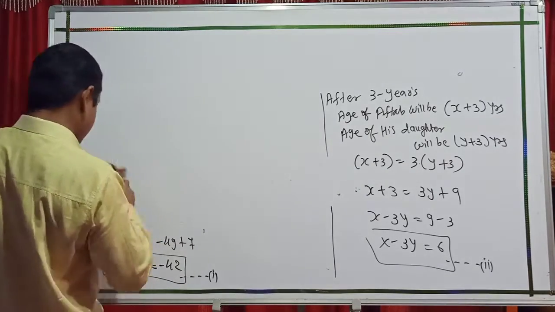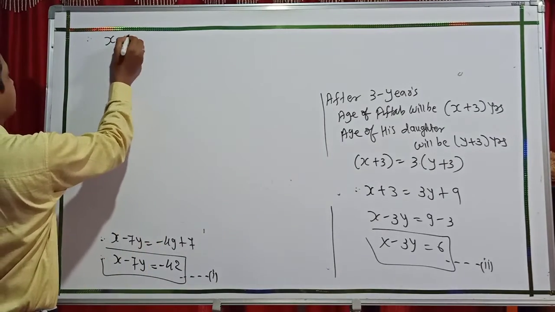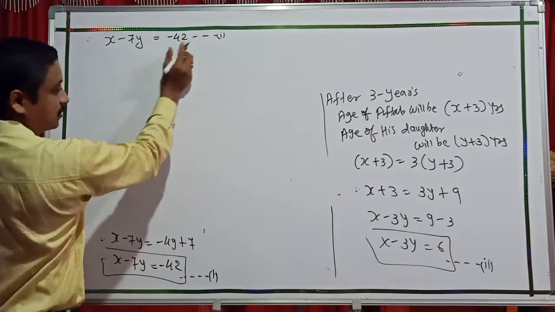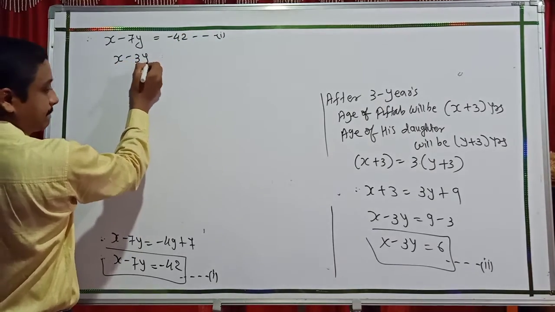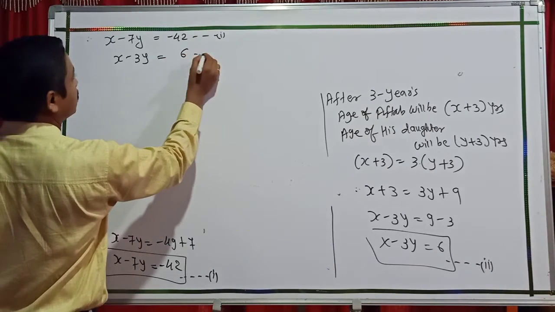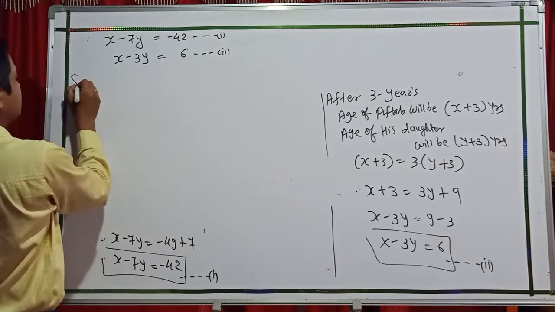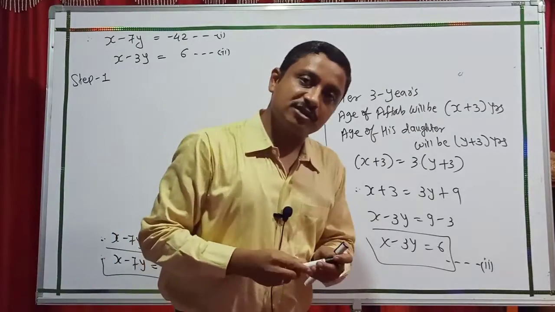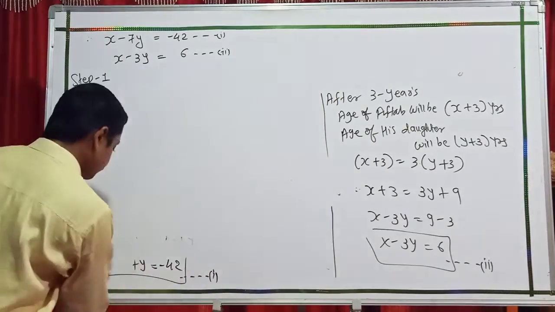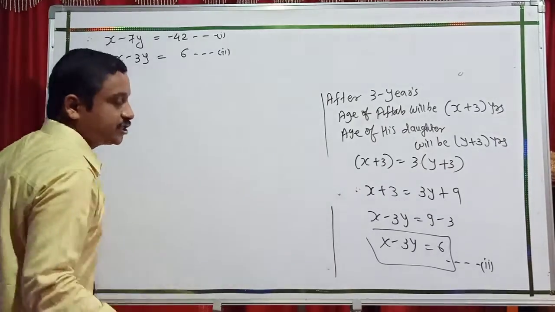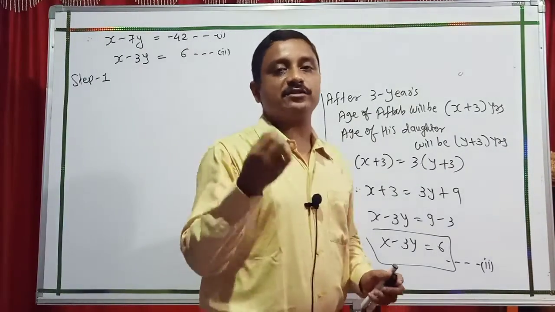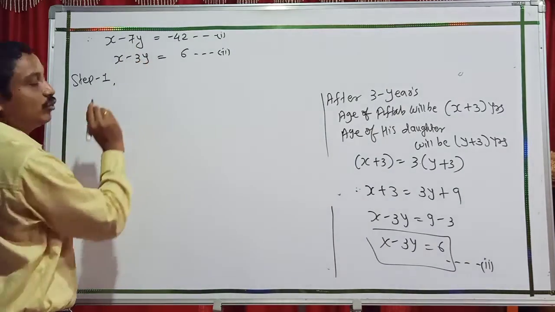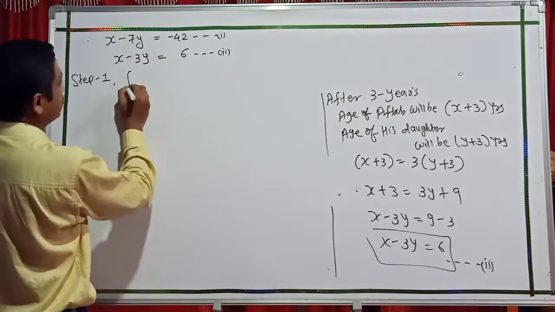What is equation 1? x minus 7y is equal to minus 42, the first equation, and x minus 3y equals 6. I write down the equations one more time and solve by the substitution method. Step 1: take either 1 or 2, I take the second one.